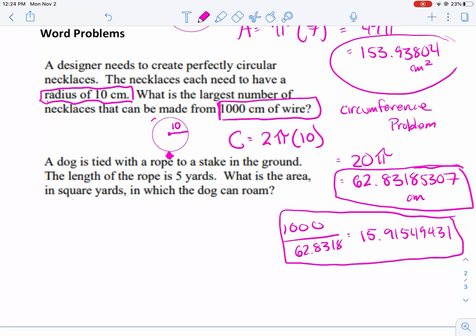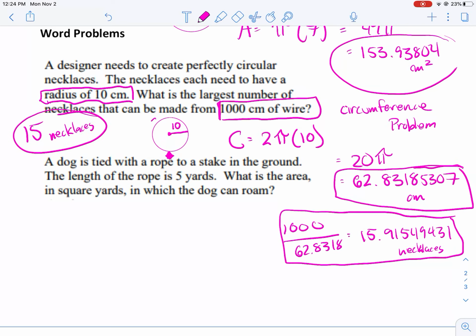That's how many necklaces I can make. 15 necklaces, okay? But let's think about this. Can I make 0.914 of a necklace? No. Okay, so when you have a problem like this, when it involves actual real things in the world, okay, we need to take into account, all right, well, we can't make 16, but we can certainly make at least 15 necklaces. So our answer is 15 necklaces.